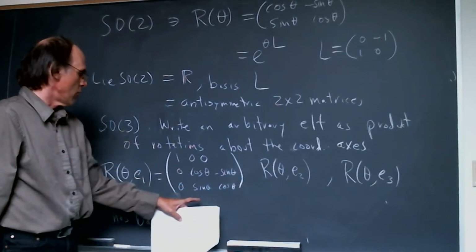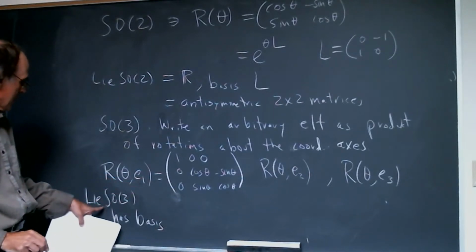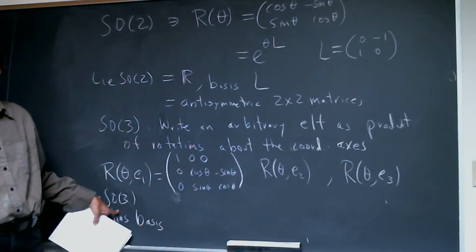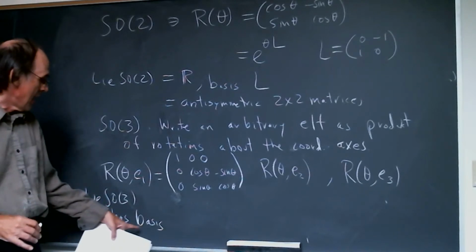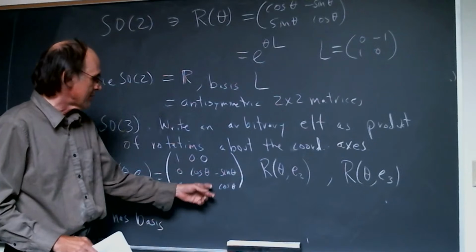This space is a complicated nonlinear space. This space is going to be a vector space, a 3-dimensional vector space, and its basis is going to be given by infinitesimal rotations about the 3 axes.